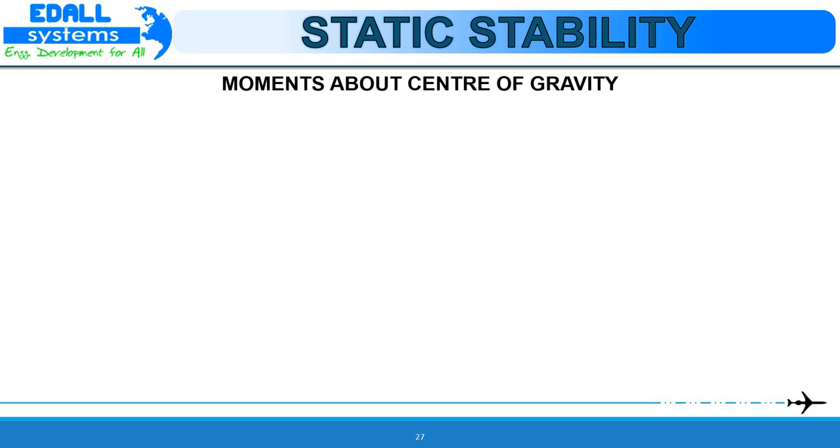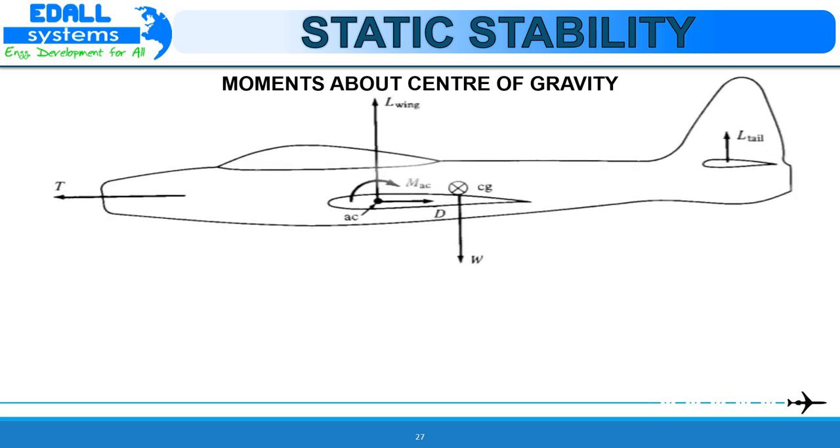Moments about the center of gravity. A study of stability and control is focused on moments on the aeroplane and moments on the control surfaces. The pressure and the shear stress distribution over the wing produces a pitching moment. This moment can be taken about any arbitrary point. However, there exists a particular point about which the moments are independent of the angle of attack.